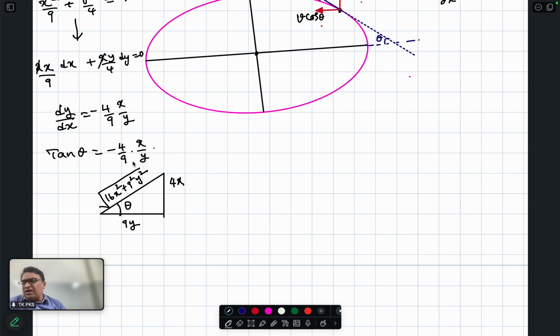Sir, what is that you are trying to do? You want velocity vector. V bar is V cos theta.